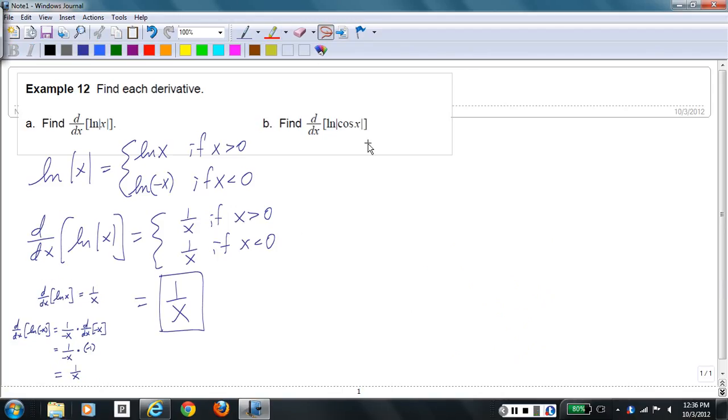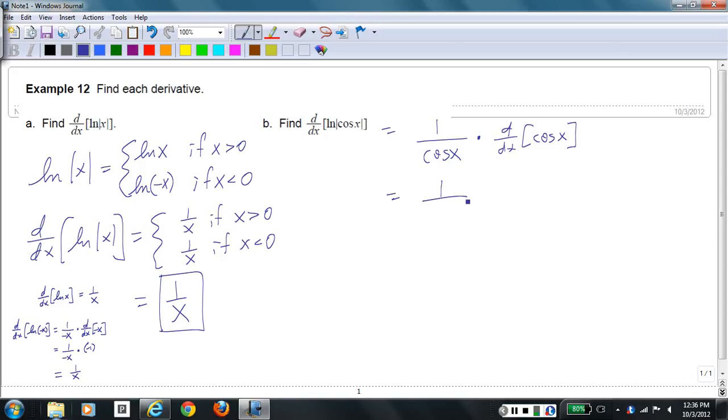d dx then of the natural log of the absolute value of cosine x, we could do using the chain rule. Since now we know the derivative of the natural log of the absolute value of x, this is going to equal 1 over cosine x times the derivative of cosine x.